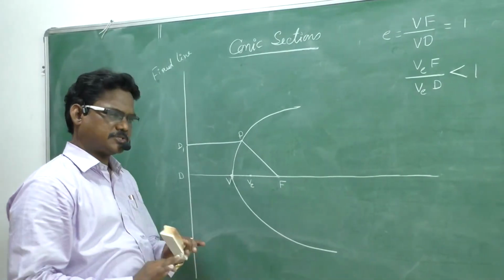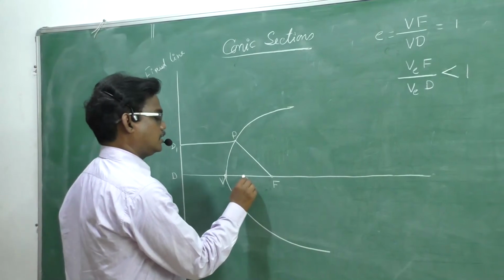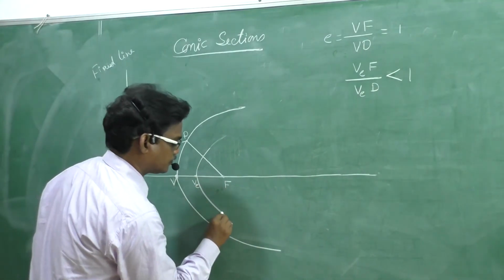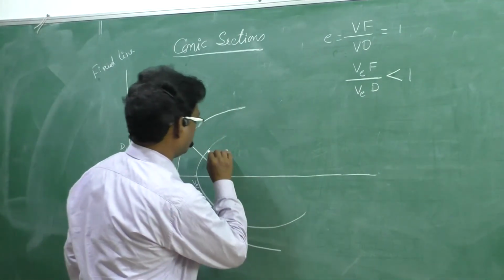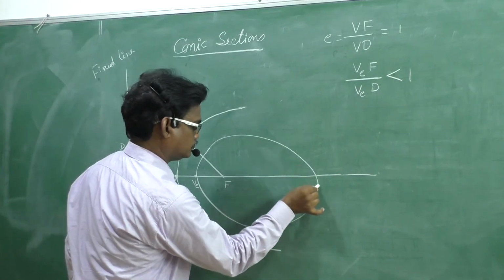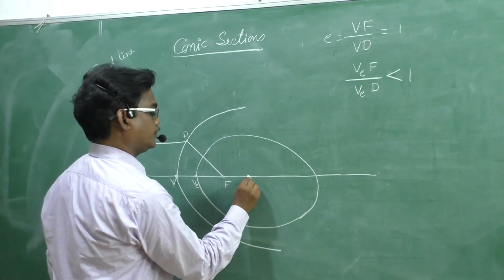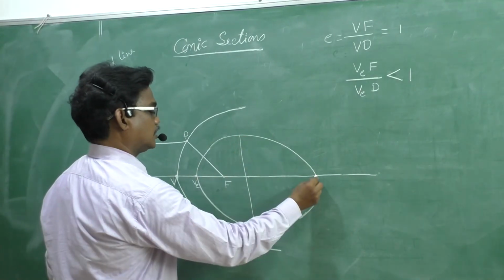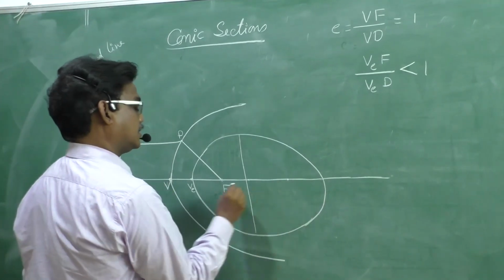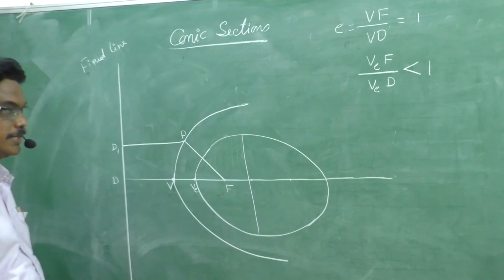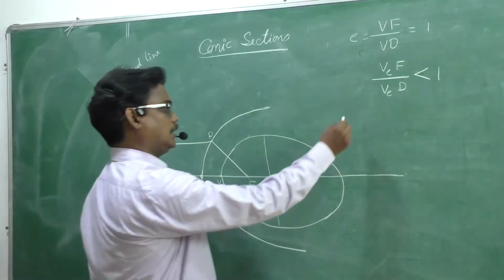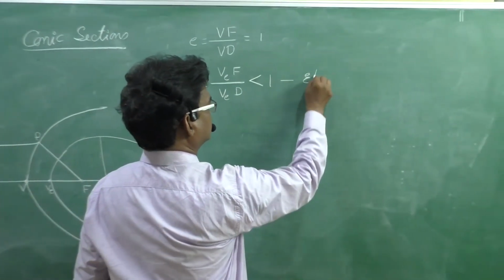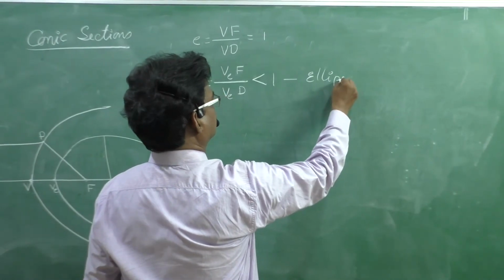If you maintain the same ratio and draw a curve, that will give us an ellipse like this. And this is the minor axis, and at the same distance you can locate another point, that is focus 1, focus 2, right? That means when the E value is less than 1, it will give us an ellipse.